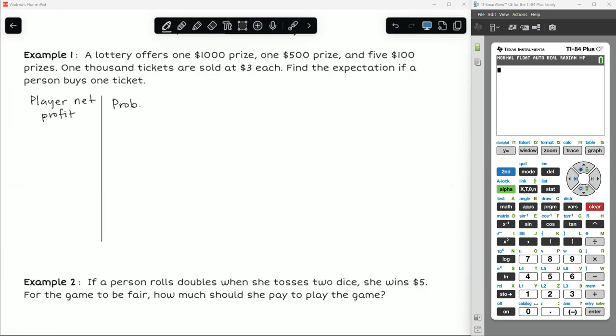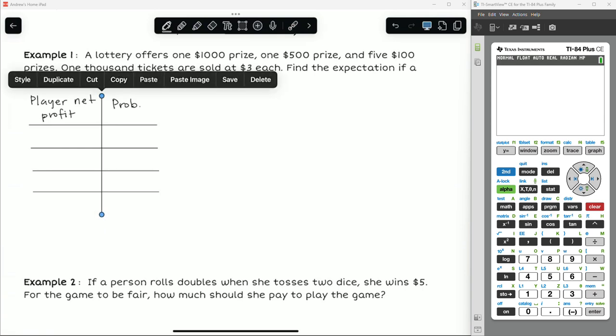And there's 4 possible outcomes. I'm told they can win the $1,000 prize, the $500 prize, the $100 prize, or they just pay the $3 and don't win anything. So I need 4 rows in my table.